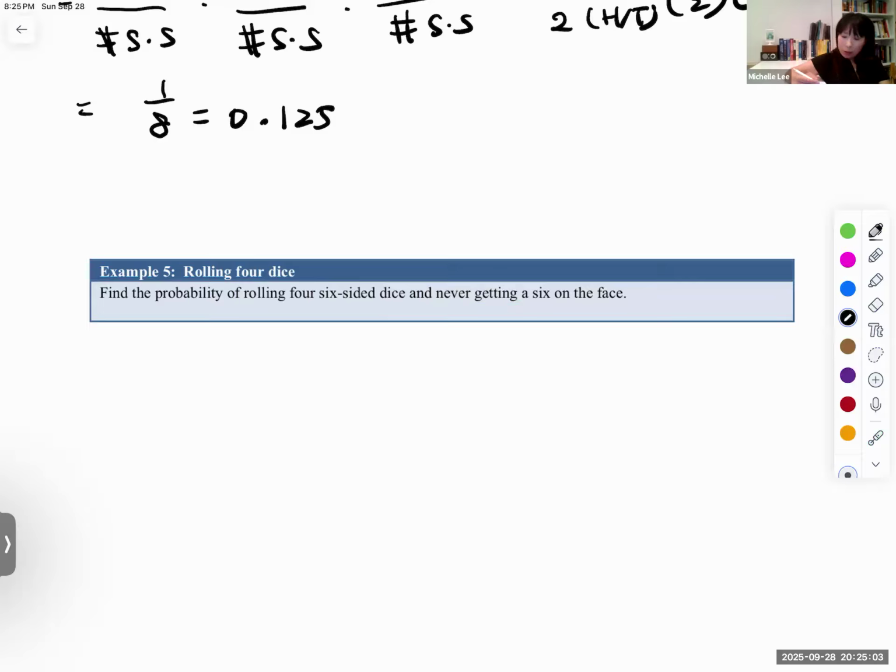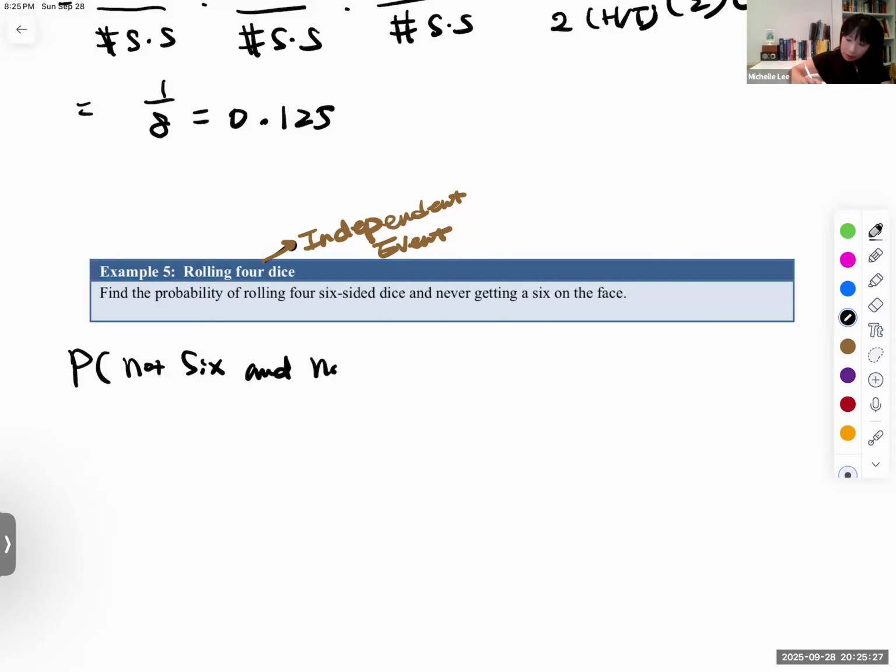This is an independent event, right? So we are using the probability of not getting 6, and not 6, and not 6, and not 6, 4 times.